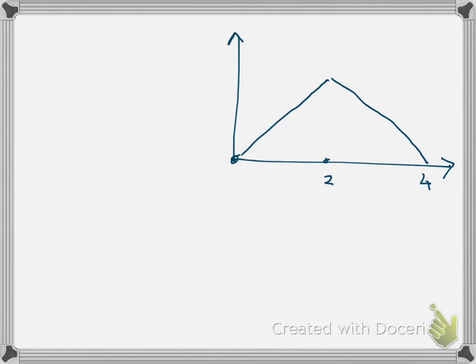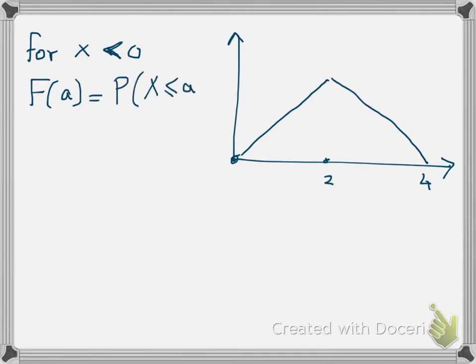Now, how do we find the cumulative distribution function? First of all, suppose your x is less than or equal to 0, or just less than 0. What do we mean by cumulative? F of x, or F of a, is just the probability that x is less than or equal to a.